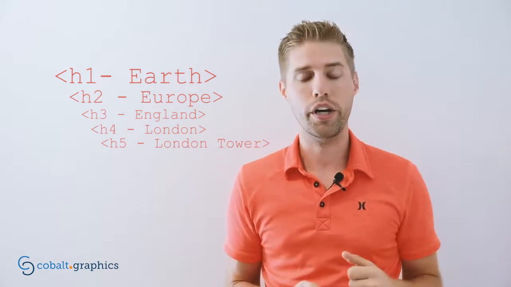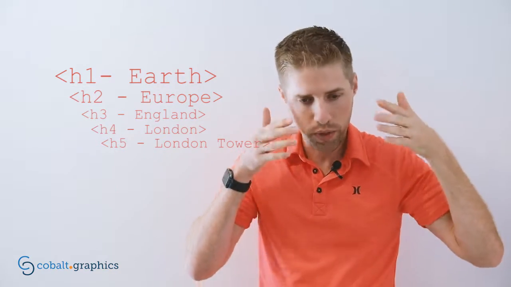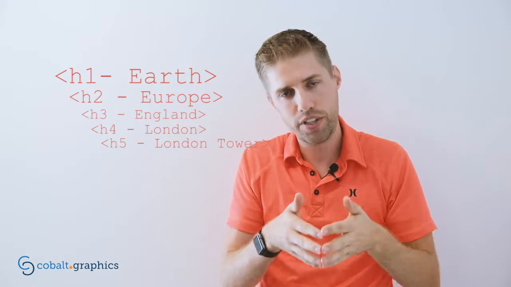So we have England, and then within England we have London. And within London we have the London Tower Bridge. As you can see, we narrow our focus further and further down with our H tags. It's okay if some overlap, but really it just needs to be straight down, like an upside down triangle with our content.